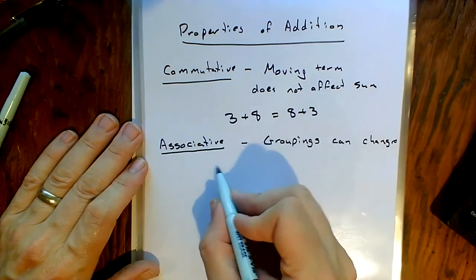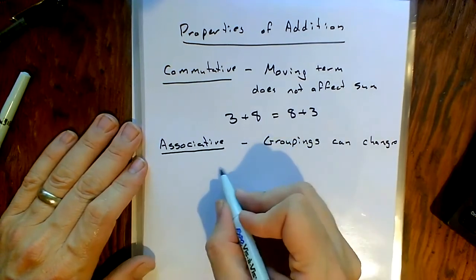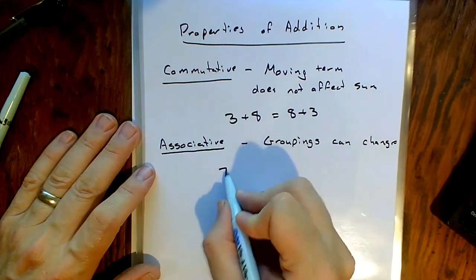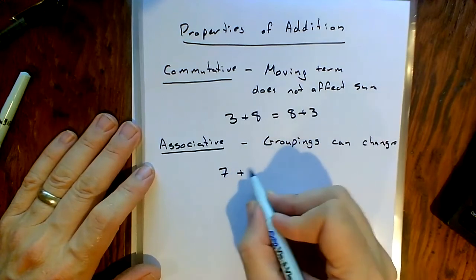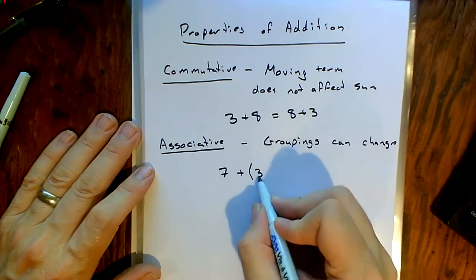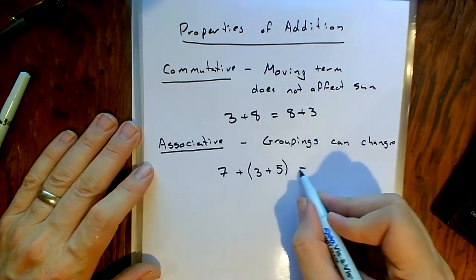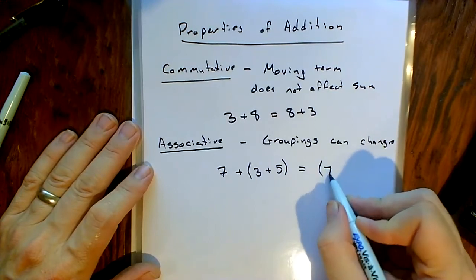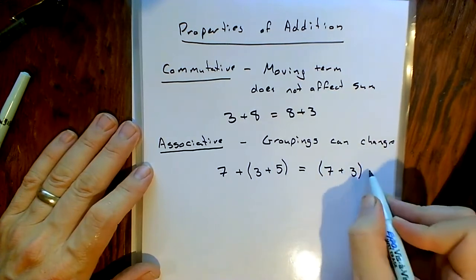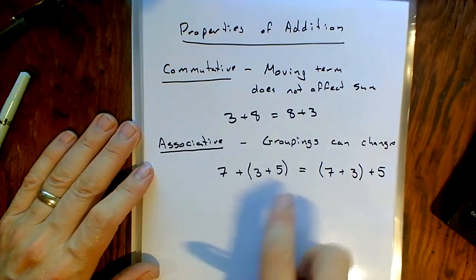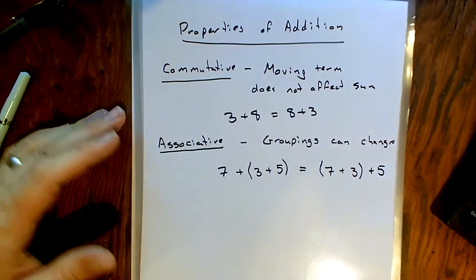So that means I could say something like 7 plus (3 plus 5) is going to be the same thing as (7 plus 3) plus 5. All we did was change where the parentheses, where the groupings, are going.